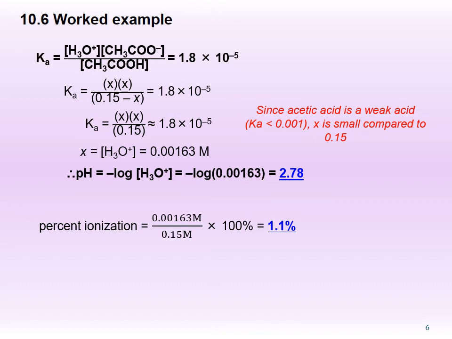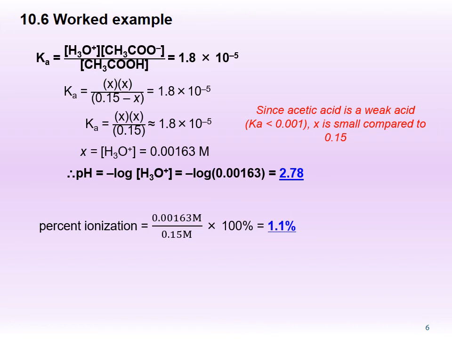Since 10 to the power of negative 5 is small, we use the approximation method. That is, since Ka is less than 0.001, X is small relative to 0.15. So the denominator is approximately 0.15. Solve for X, which is the hydronium ion concentration.